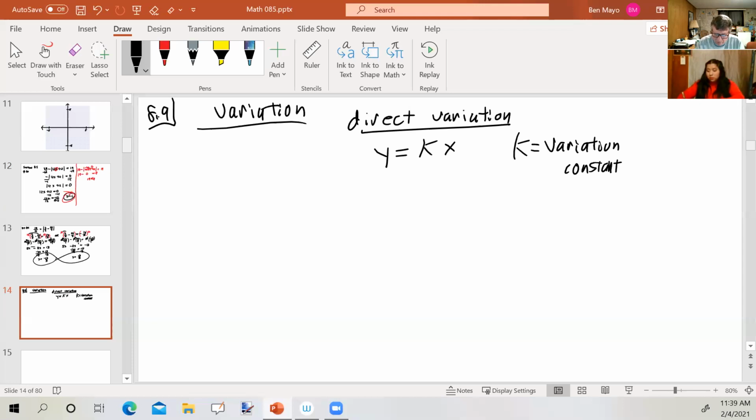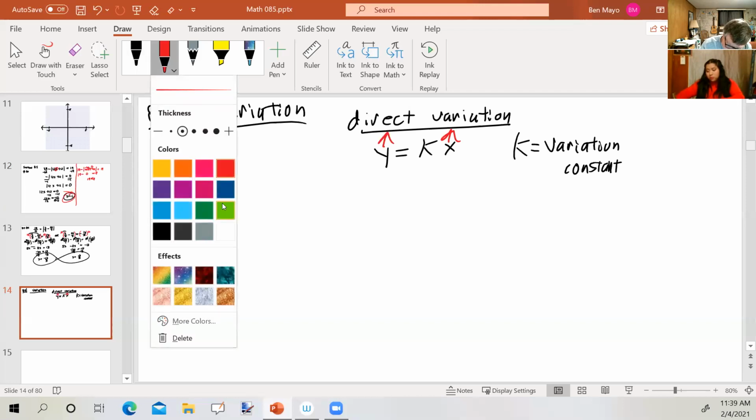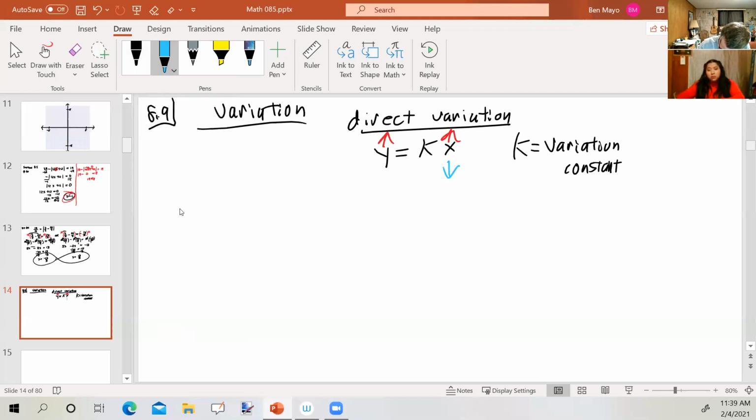With direct variation, as x increases, y increases. As x decreases, y decreases. So they go up together or down together. In fact, direct variation, y equals kx, is very much like y equals mx plus b, where b is just 0.